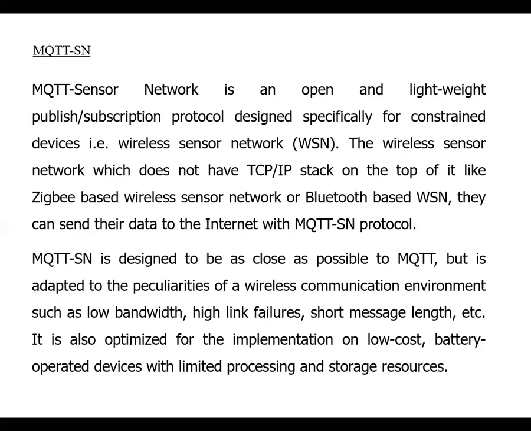In many things MQTT-SN is close to MQTT, but it is adapted to the peculiarities of the wireless communication environment, such as low bandwidth, high link failure, and short message length. So if you have low bandwidth, and you can afford high link failure, and the message length is short, then MQTT-SN is the best candidate for your application.